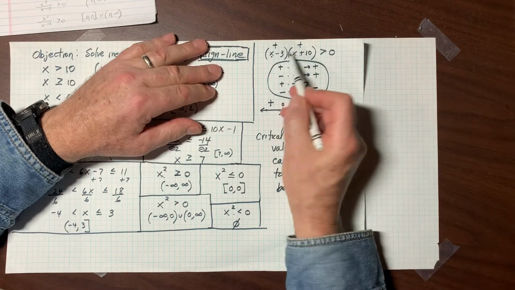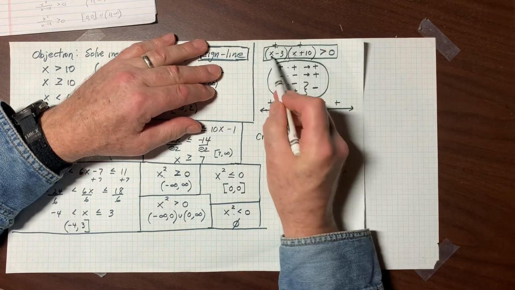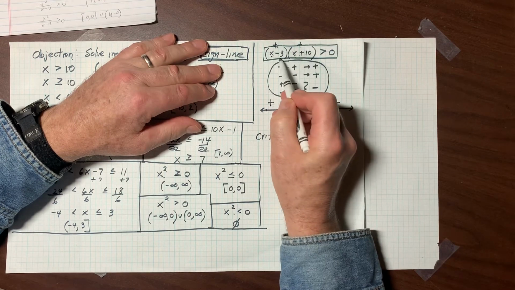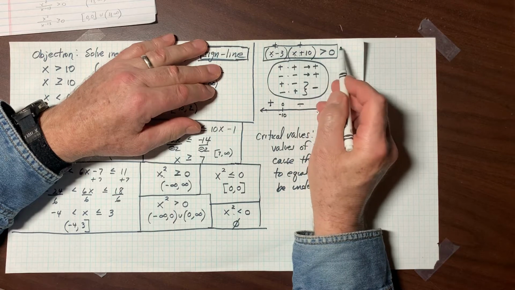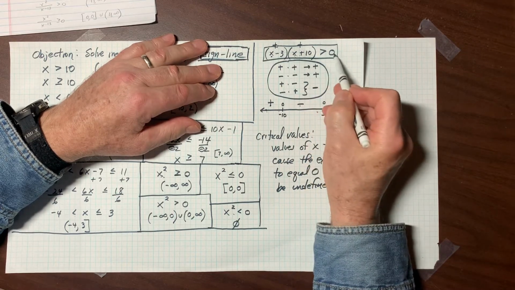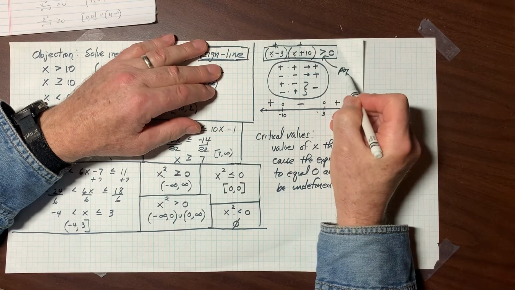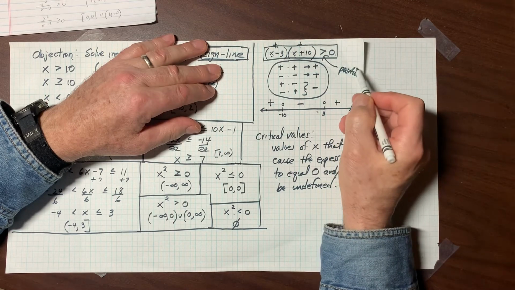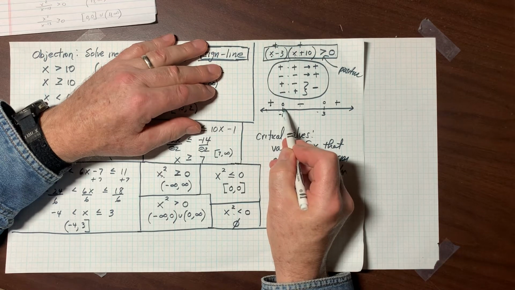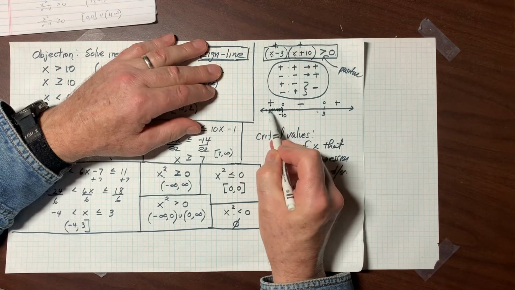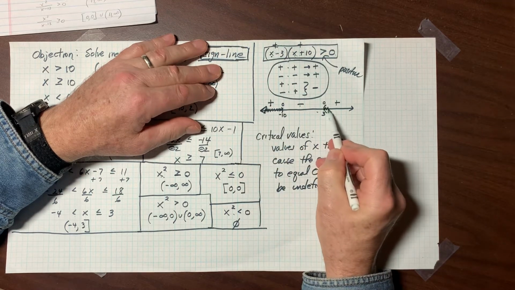This original problem right here is asking you, what values of x would cause x minus 3 times x plus 10 to be positive? Greater than 0 corresponds to being positive. You need to understand that. So if you look at your sign line, it would be all of these values here in union with all of these values here.